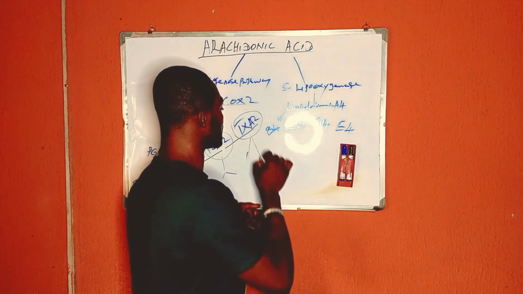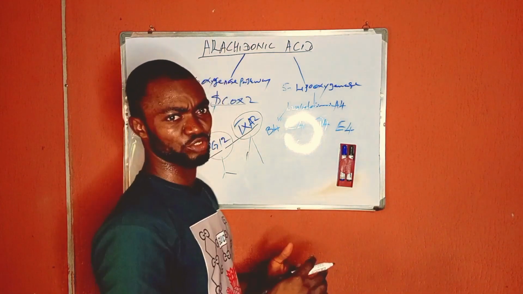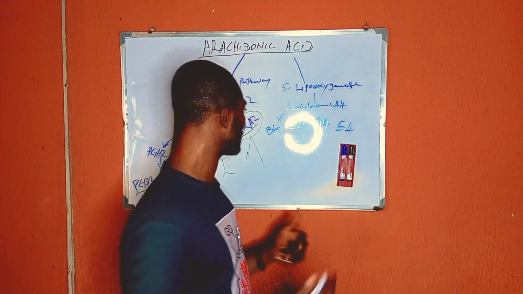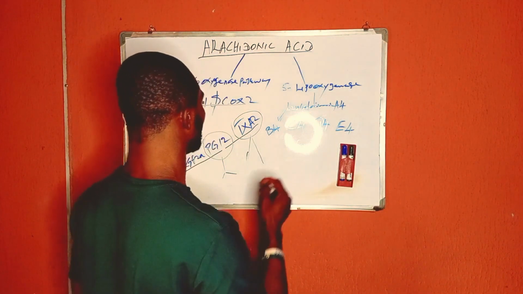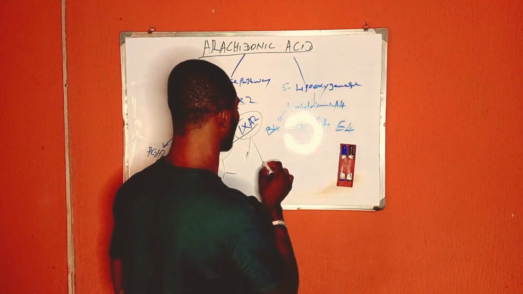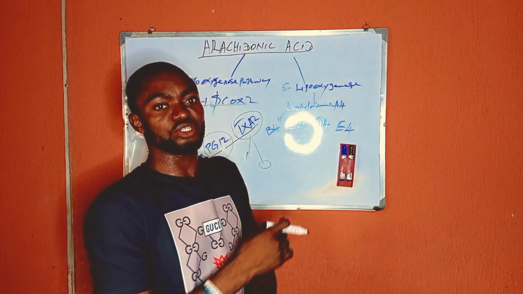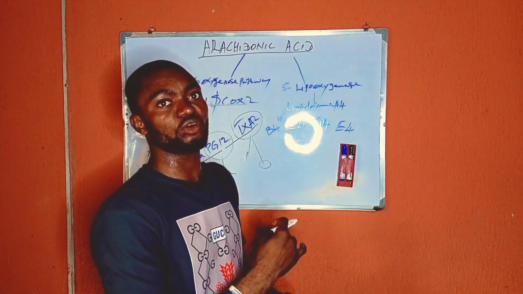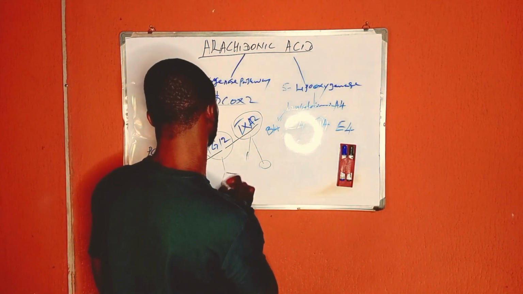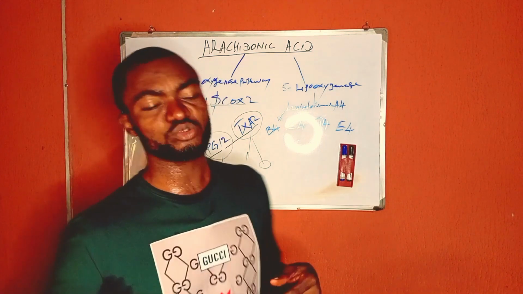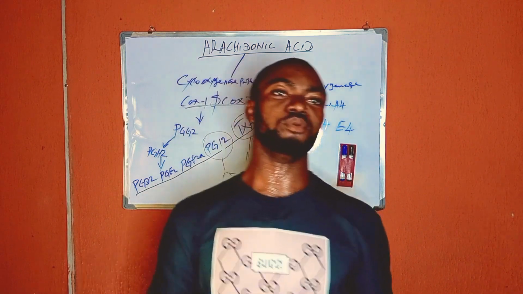So therefore, this thromboxane A2 will cause vasoconstriction, because there is platelet formation. It causes platelet formation, so it will also cause constriction in the blood vessels. Whereas this one will cause vasodilation, because it inhibits the formation of blood platelets.